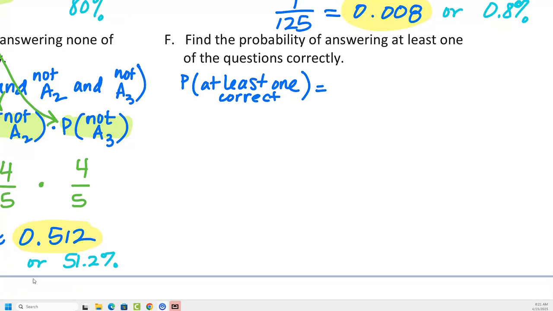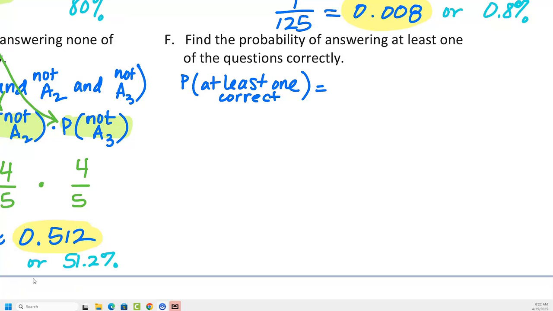Well, okay, so of the 3 questions, for it to be the probability of at least 1, I'm holding up 3 fingers. If I have all 3 fingers correct, that's at least 1. If I have 2 of my questions correct, is that still at least 1?